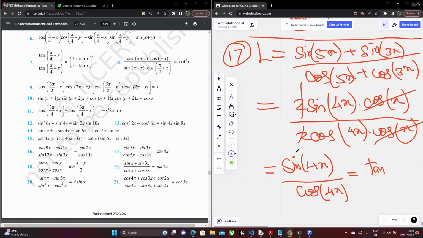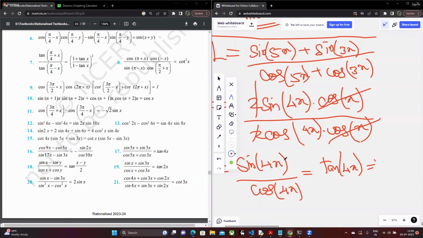Therefore, LHS is equal to RHS. Therefore, proved.